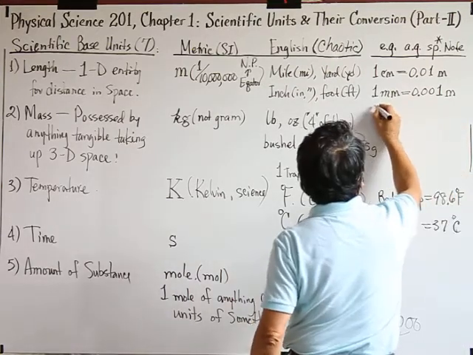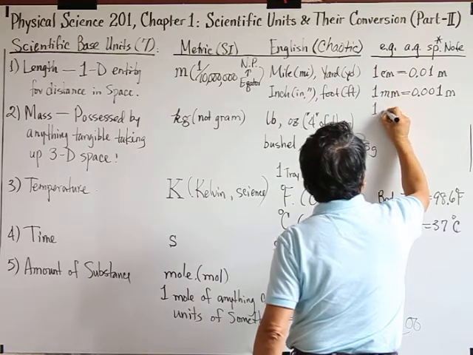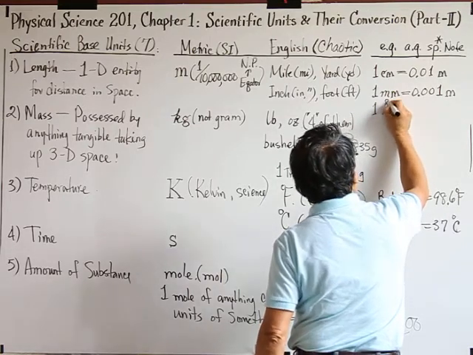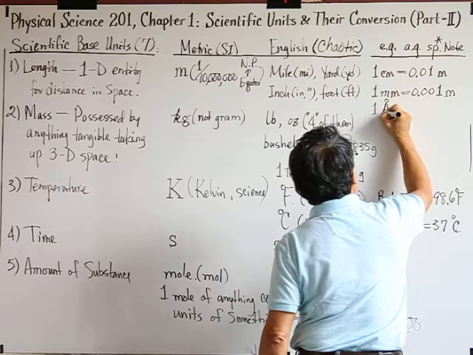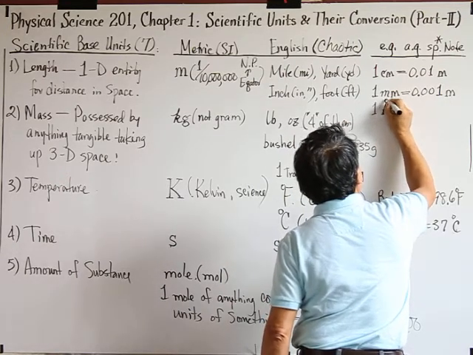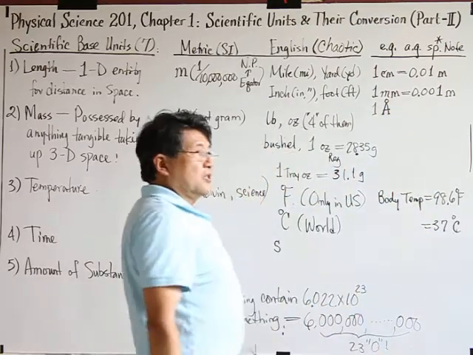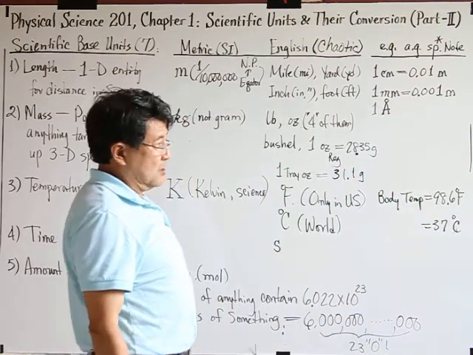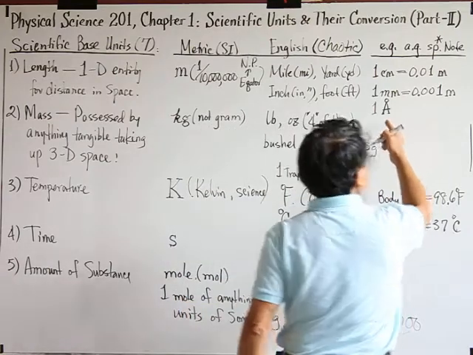Another is 1 angstrom. What is that symbol? It's a capital A with a circle on its top. It's called angstrom. Angstrom represents the size of links.